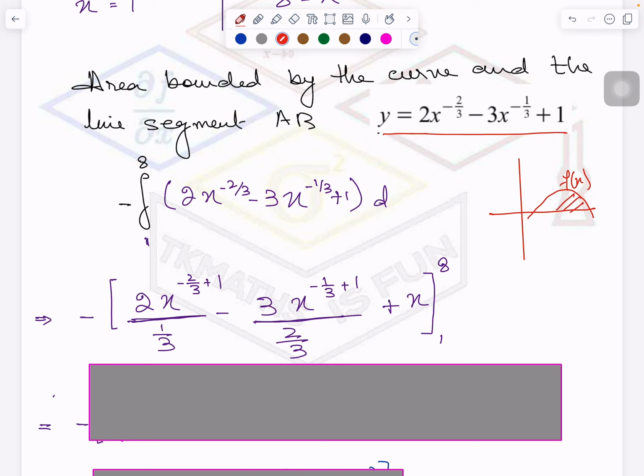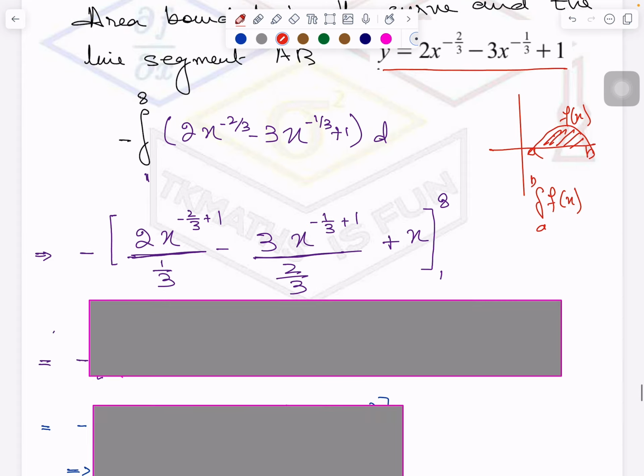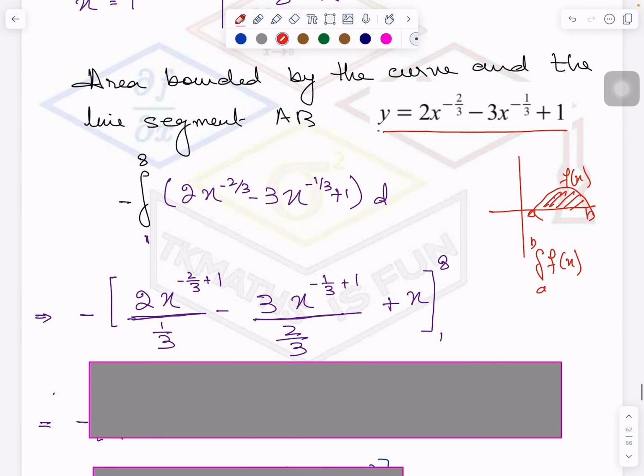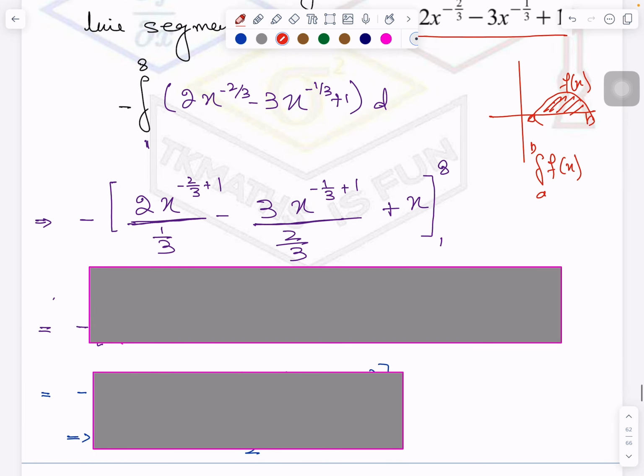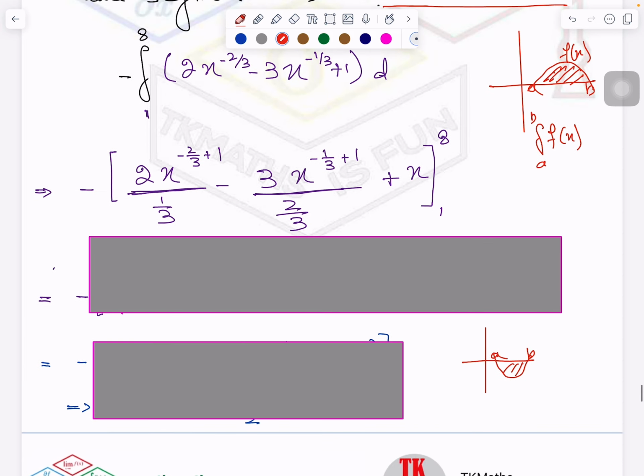We have to find the area of this, and the limits are a and b. So we write the integral from a to b of f of x. But when we have a curve below the x-axis, for example, with limits a to b, and this is the equation of the curve f of x, we write minus the integral from a to b of f of x.